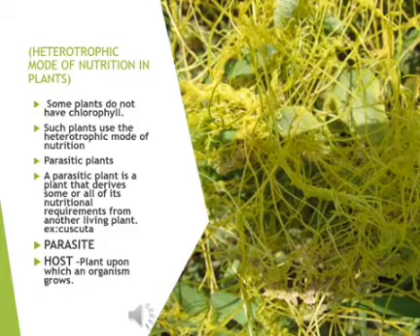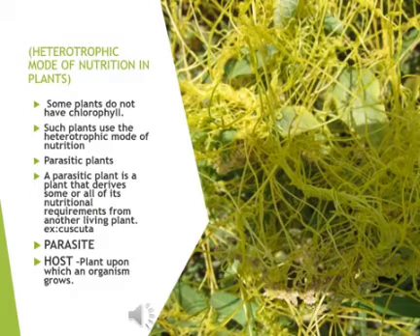Now let us discuss the heterotrophic mode of nutrition in plants. Under the heterotrophic mode of nutrition, we have the parasitic plants, insectivorous plants, saprophytes, and the symbiotic plants. Now first let us see what are parasitic plants. Before that, what is a parasite?